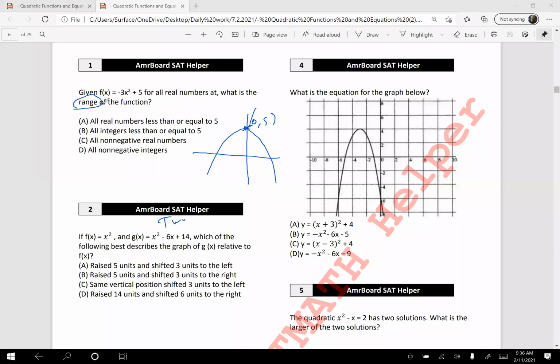Then the range of this function is all real numbers less than or equal to 5. Real numbers, not integers, because this is a closed interval, this curve, not point and point and point.